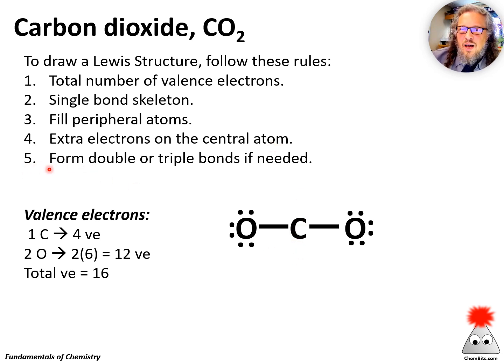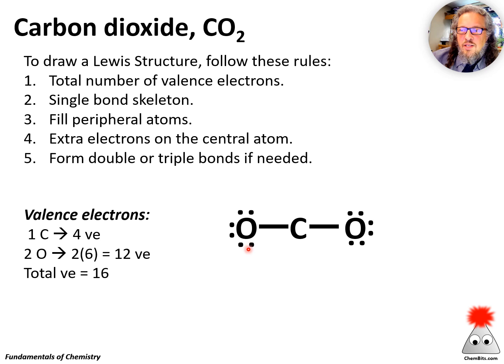And 5, form double or triple bonds if needed. Well, oxygen has 8 electrons, a full valence shell in this structure, but carbon only has 4. So carbon doesn't have a full valence shell, but what if I take these 2 electrons and I bring them in and I make that a double bond?